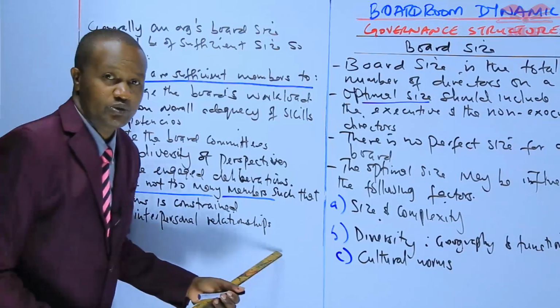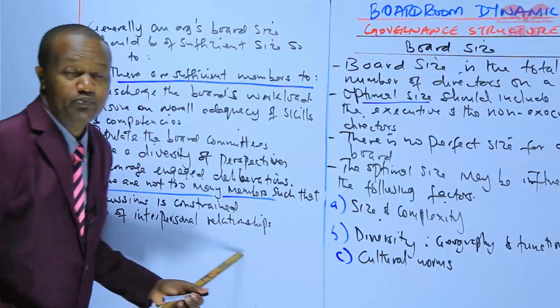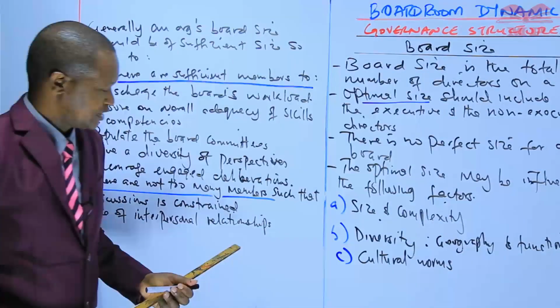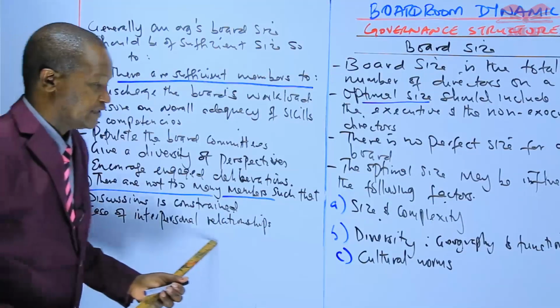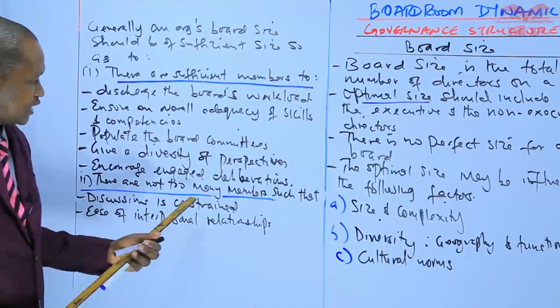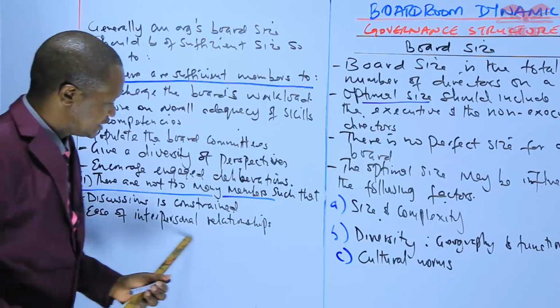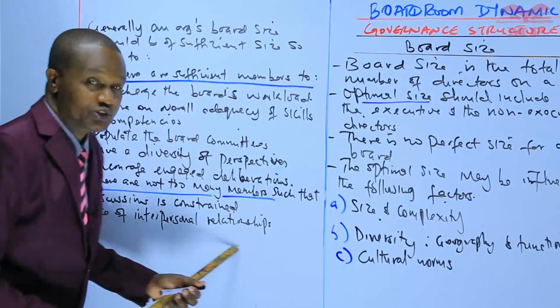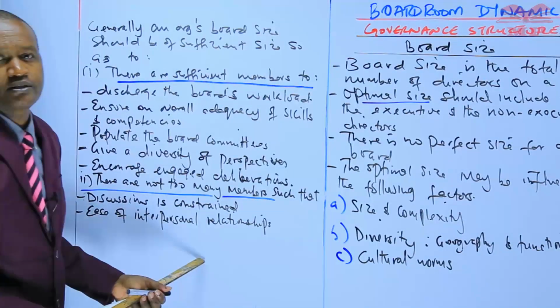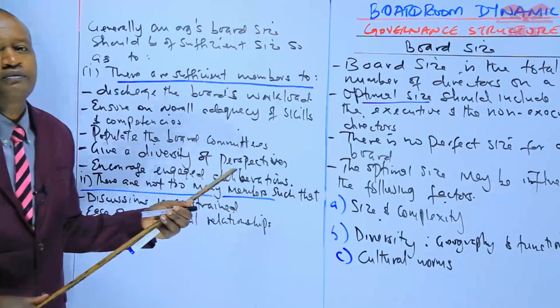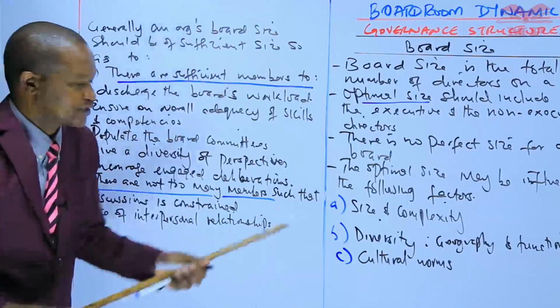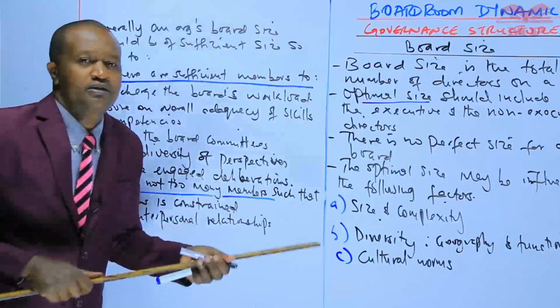It is very critical, what we call boardroom dynamics. The interactions between the members are very critical. But if you have too many members who sit on a board, then there will be no ease of interpersonal relationships on that board. So interpersonal relationships will be inhibited.